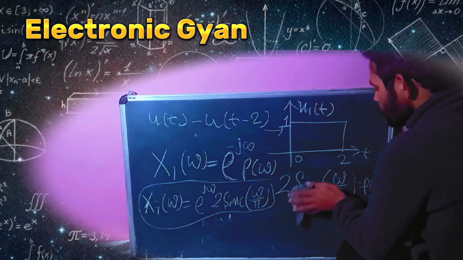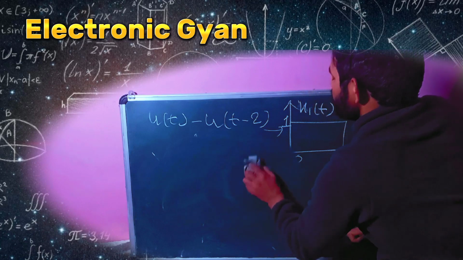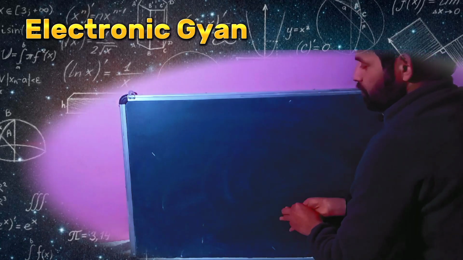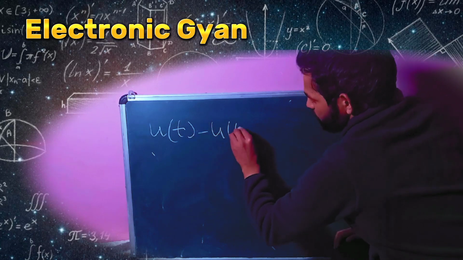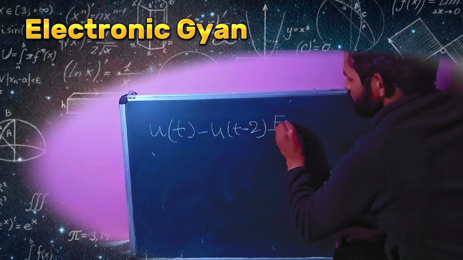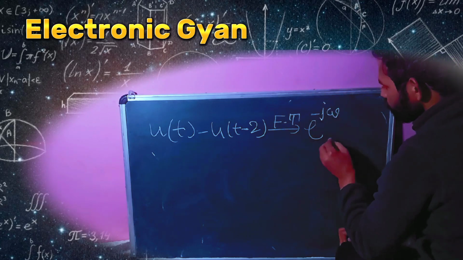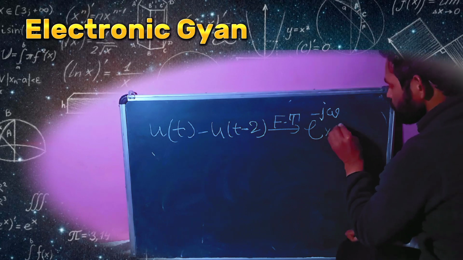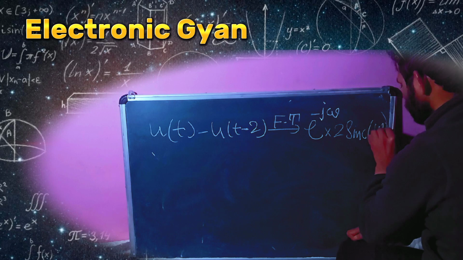Now I can write nicely here x1 of omega: u of t minus 2. The Fourier transform is e to the power minus j omega into 2 sinc omega by pi.